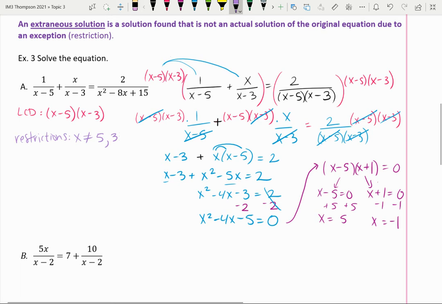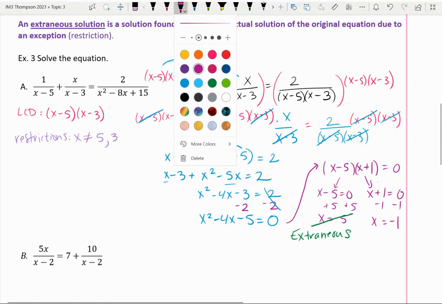If x is 5 and I plug in 5, I have 1 divided by 5 minus 5, which is 0. Doesn't exist. It's undefined. X equals 5 is what's called the extraneous solution. It doesn't count. It's like rejected, denied.